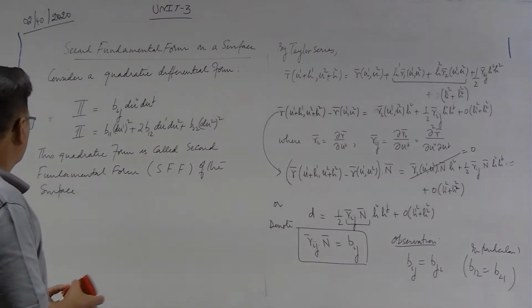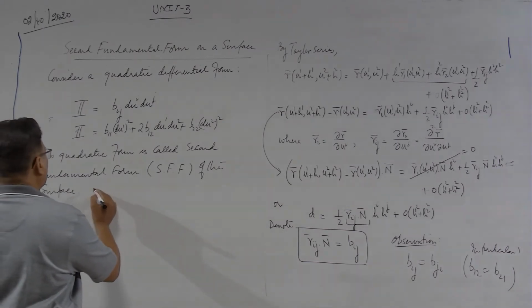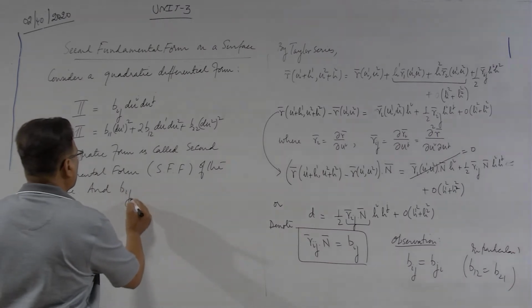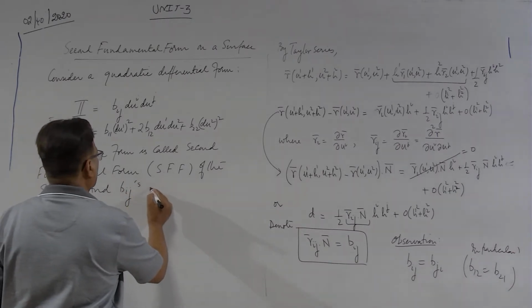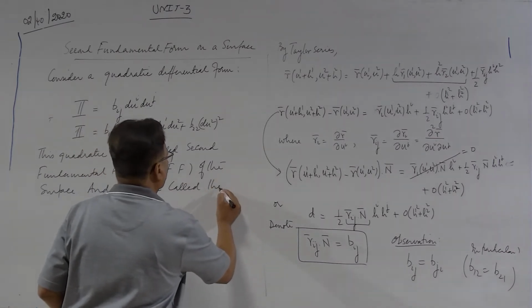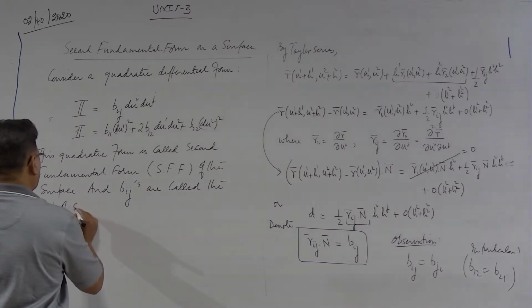All right. So, these are the second fundamental form, and these B11, B12 and Bij's are called the coefficients of the second fundamental form.